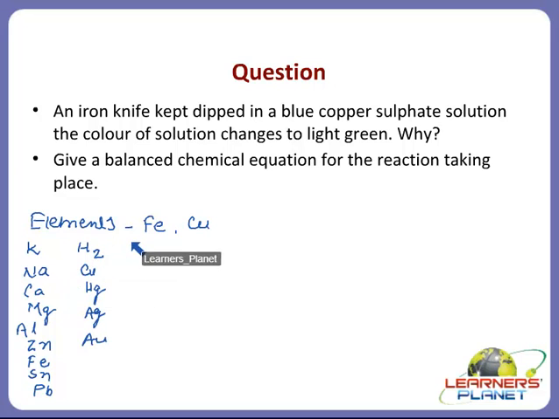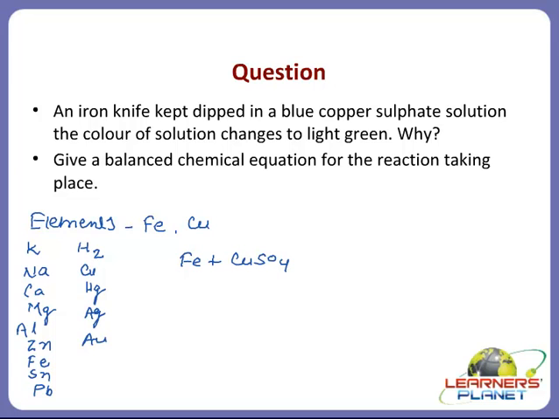Now here, what are the two elements? Iron and copper. In this case, which is more reactive, children? Iron, because copper lies below hydrogen and iron lies above hydrogen. So this iron knife is dipped in copper sulfate, so it would be iron plus copper sulfate.